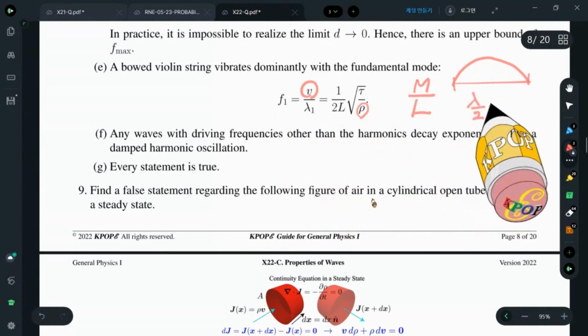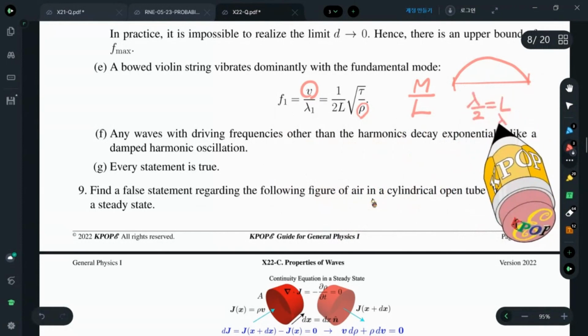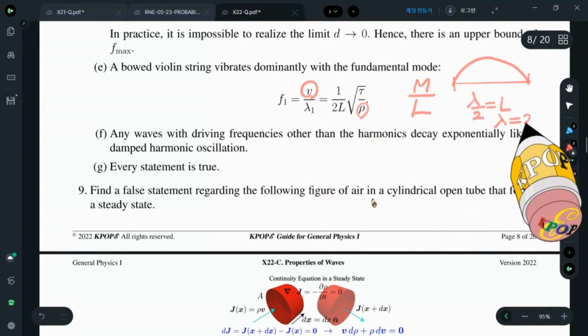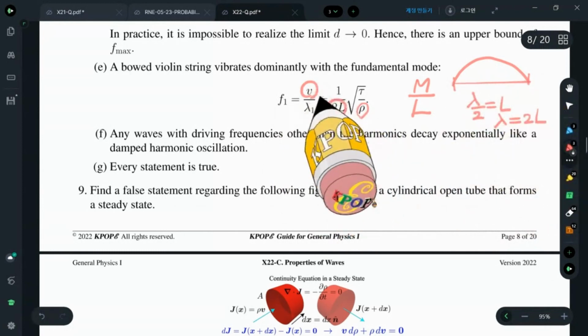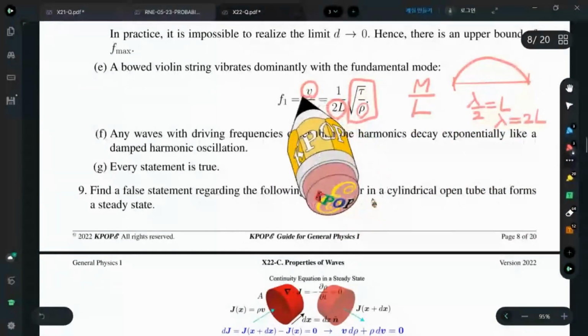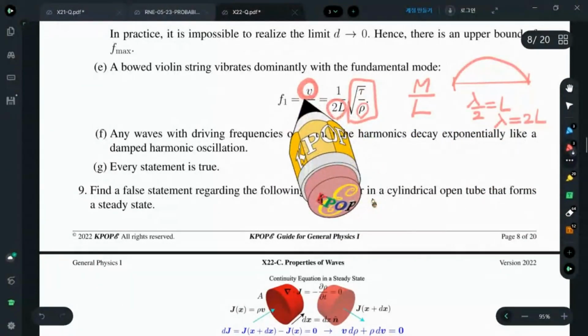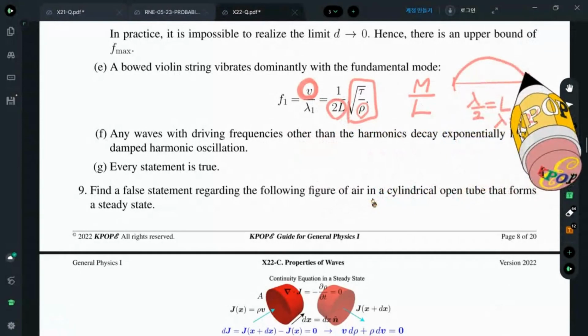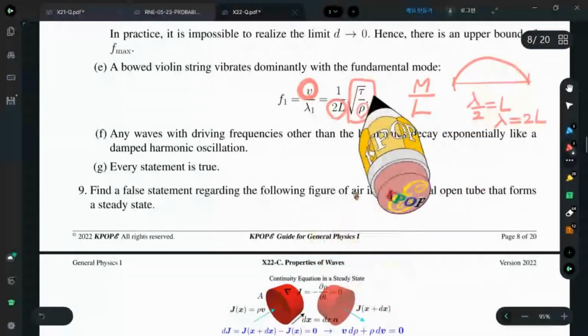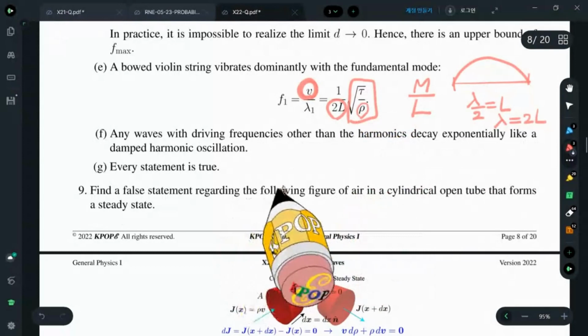One half of the wavelength is L, so the wavelength is 2 times the length of the string, and this amount determines the speed of a wave on a massive string under the tension tau.